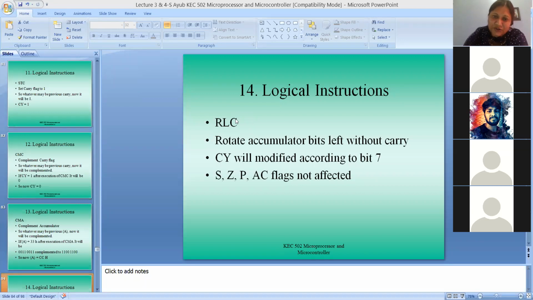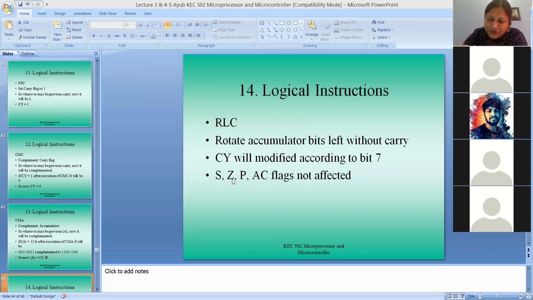So RLC stands for rotate the contents of accumulator bits to left one by one without carry. Here only the carry flag will be modified; other flags will not be affected.